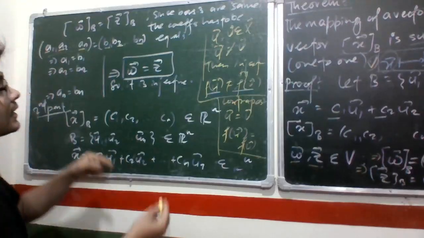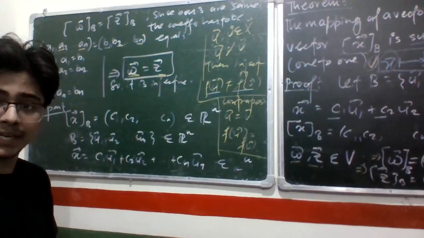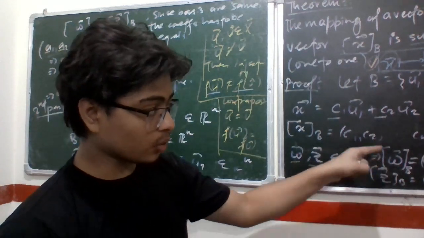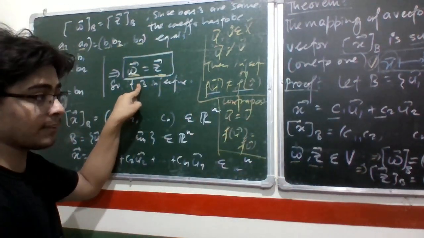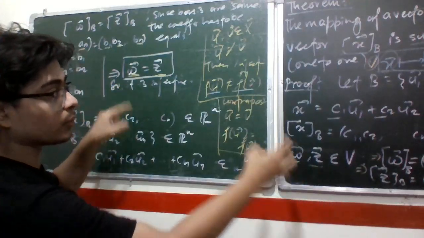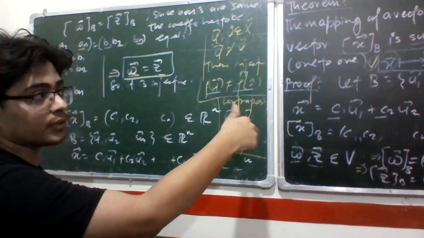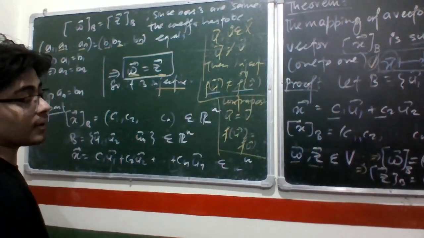That means that the domains, the actual vectors, must be the same. So since we have already considered the codomain to be the same, the domains are also the same. And we know that it follows the property of injectiveness. So it is an injective function.